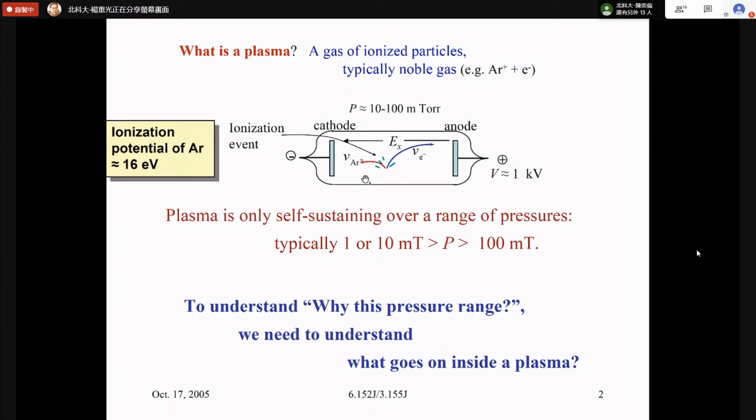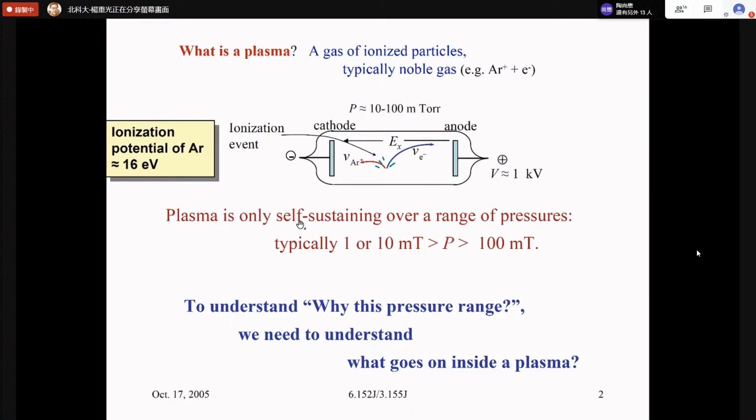Okay, so the ionization potential of argon is about 16 electron volts, and the plasma occurs at 10 to 100 millitorr.